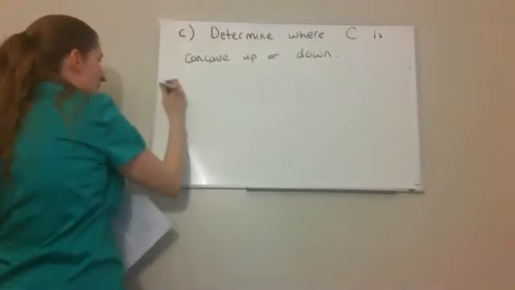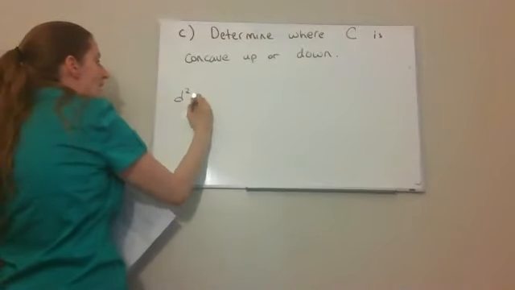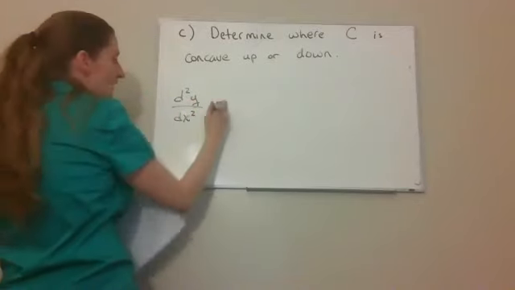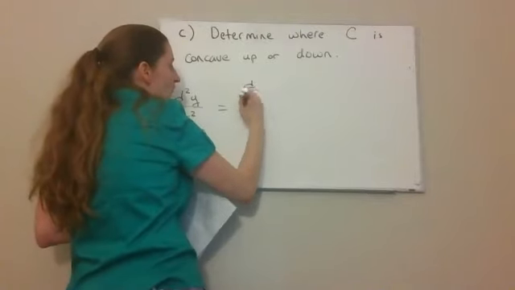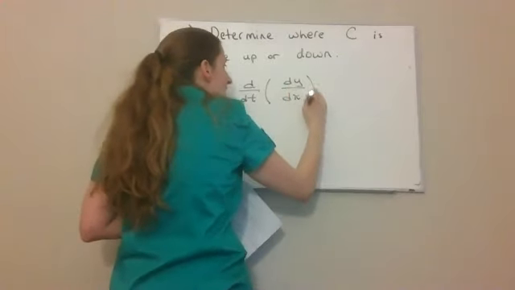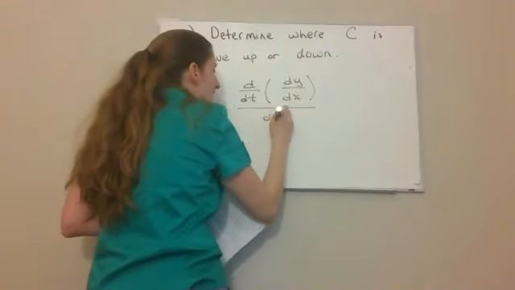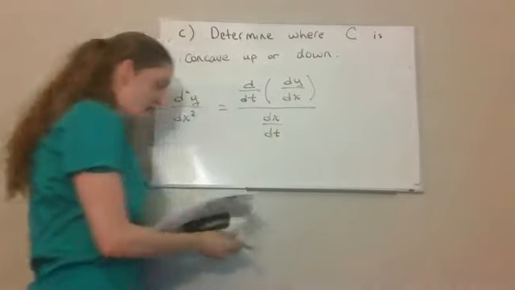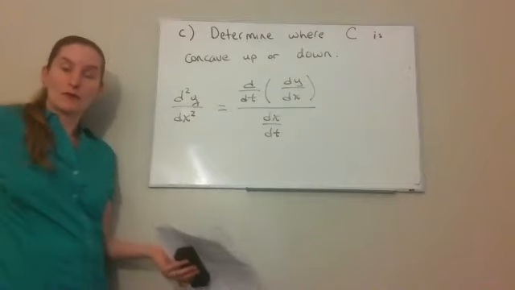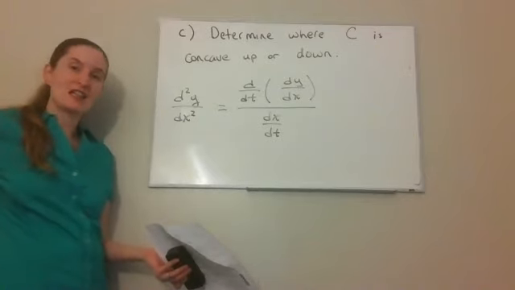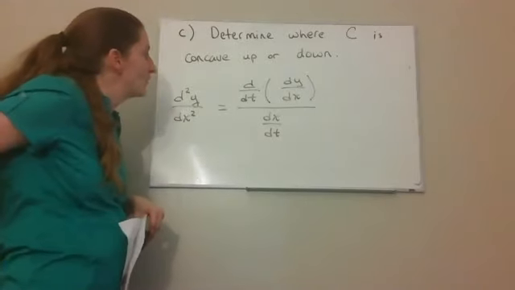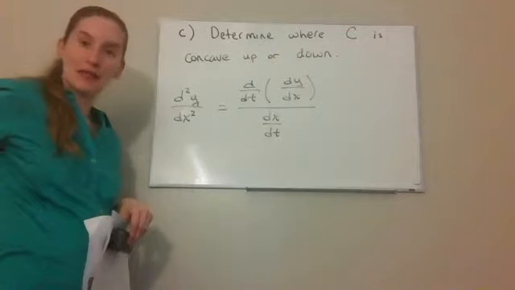And we have to remember that we need our second derivative for that. Our second derivative of y with respect to x is equal to the derivative with respect to t of my dy/dx over my dx/dt. Now, we already know what dx/dt is. We already did that when finding just our first derivative. My dx/dt is 2t. For this numerator, I have to do the derivative with respect to t of my derivative.